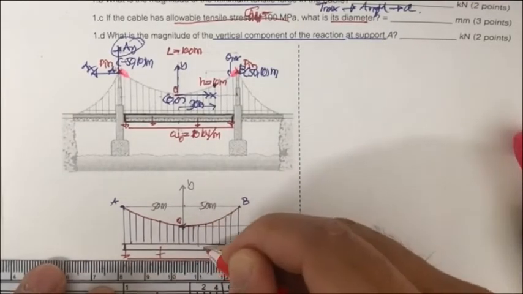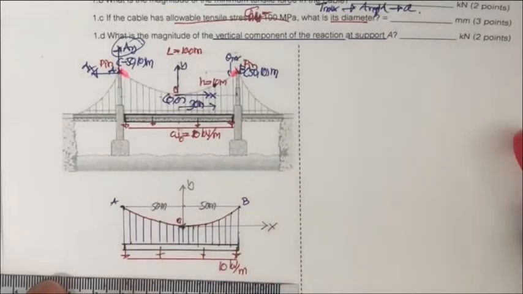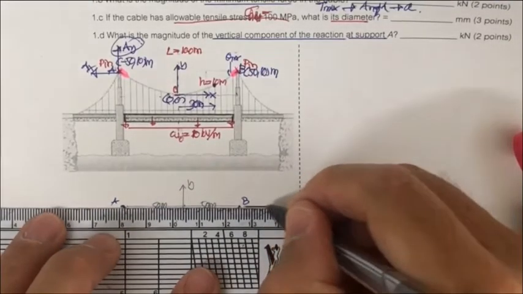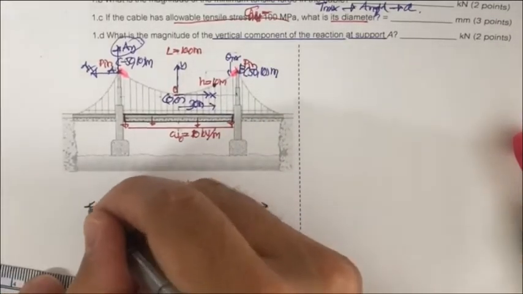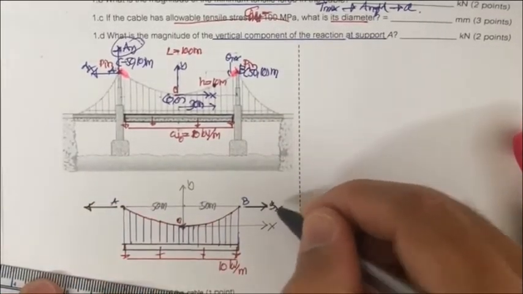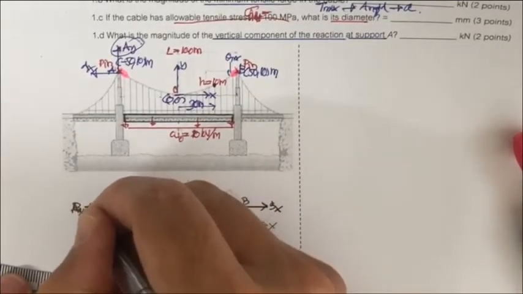When the cable is in tension by the 10 kilonewton per meter, we get the reaction at the pin support. It's going to be B sub x, and it's going to be A sub x.